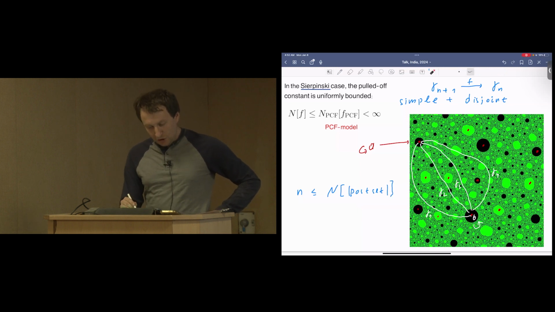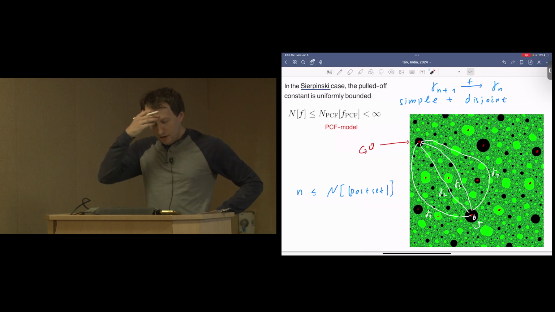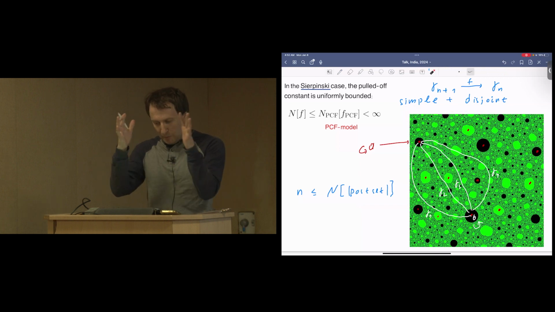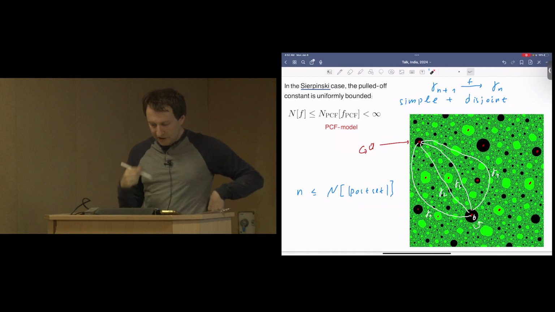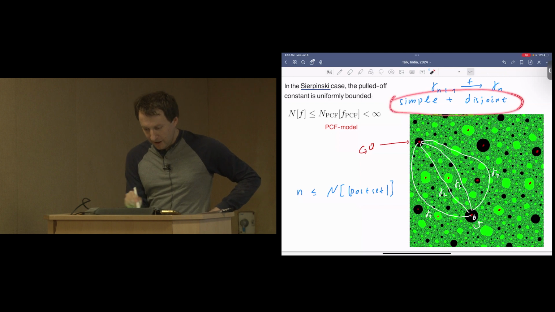So yeah, and we should think that simplicity and disjointness come from properties of white rectangles. So if we bring such properties into the PCF model, then we'll get this assumption.